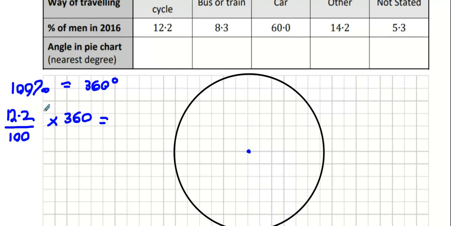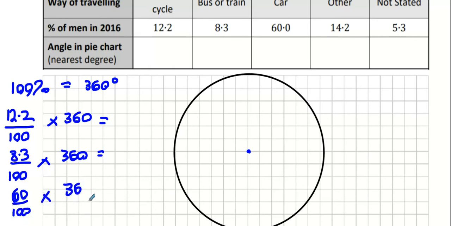So you're going to do the percentage divided by 100 multiplied by 360, and we're going to have to do all of these. We're going to keep changing percentages into angles here, and then 60 over 100 multiplied by 360, then 14.2 over 100 multiplied by 360, and finally 5.3 over 100 multiplied by 360.